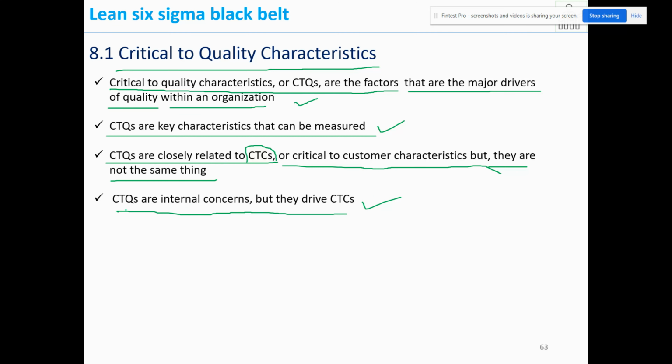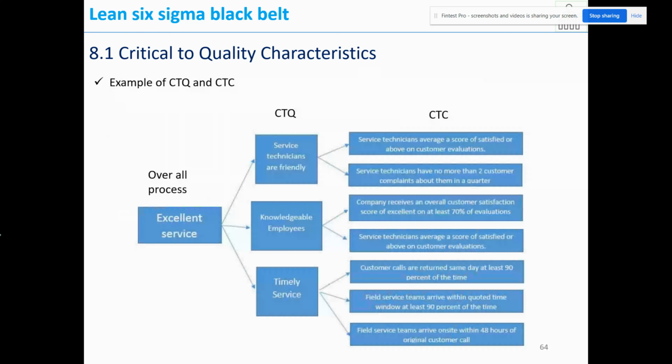CTQs are internal concerns within the organization, but they are going to drive the CTCs. What is CTC? Critical to customers. So if you maintain the CTQs well, CTC will happen very well. Customer will be happy. Now let us see an example of a CTQ diagram.